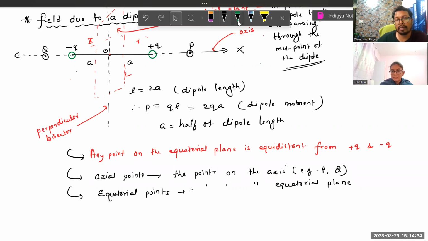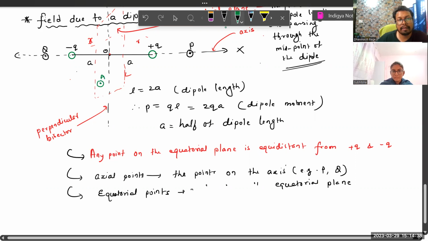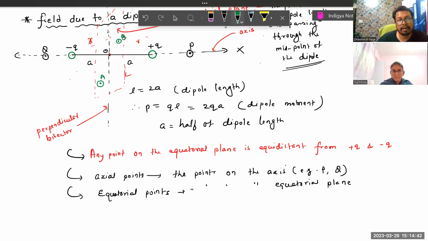So you can think about any point. For example, this is A, this is B, or this is C. A, B, C are equatorial points. Is this basic concept clear?